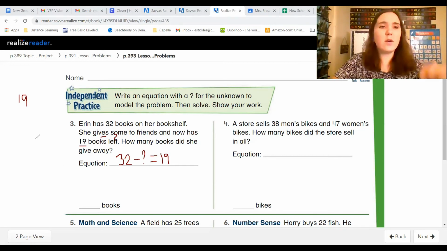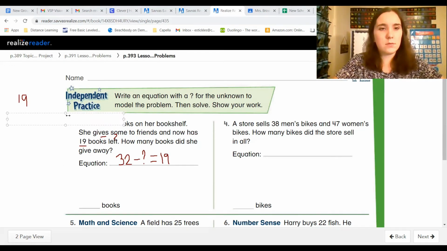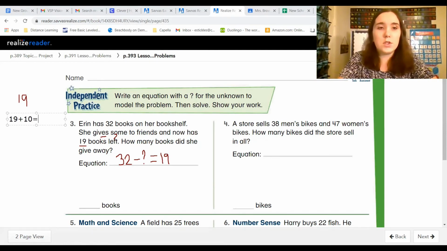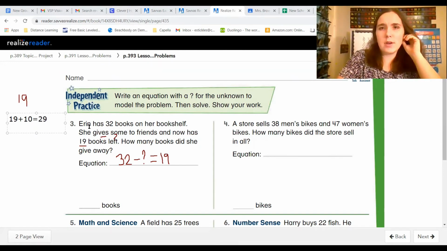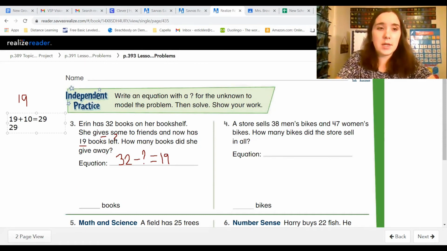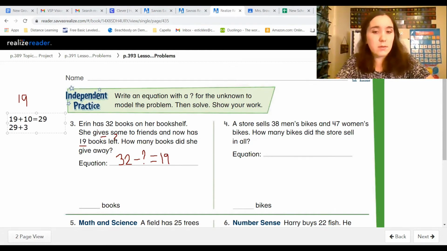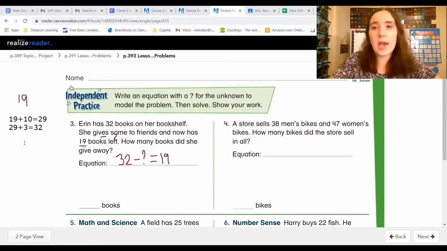So if I do, I know, well, I can add 10. That's easy. So 19 plus 10, I know that equals 29. And let's see, if I'm at 29, can I add 10 more and not go over 32? No, but I know that 29 plus 3 would equal 32. Okay. And now I just need to see what I added on.